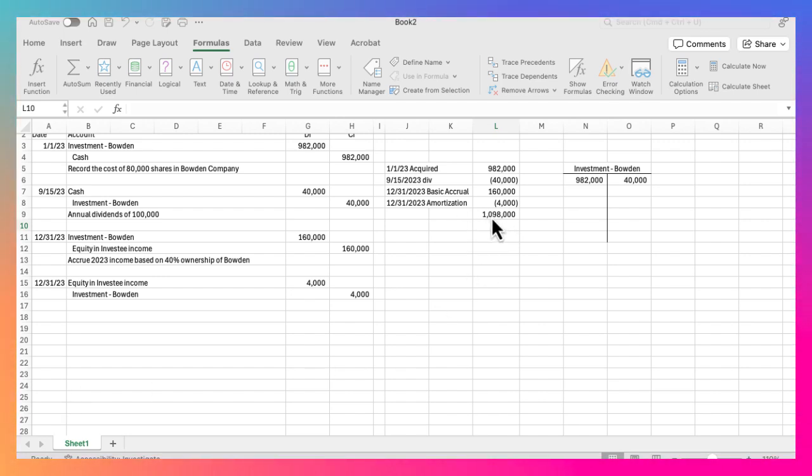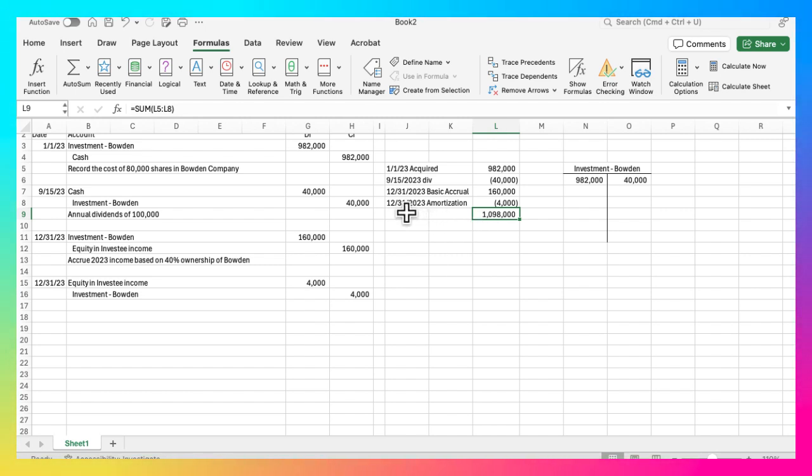So we get down to where we're at here and we say, okay, as of 12/31/2023, we have $1,098,000 in cost, right? But there's something in the problem that tells us that we need to do something, okay?